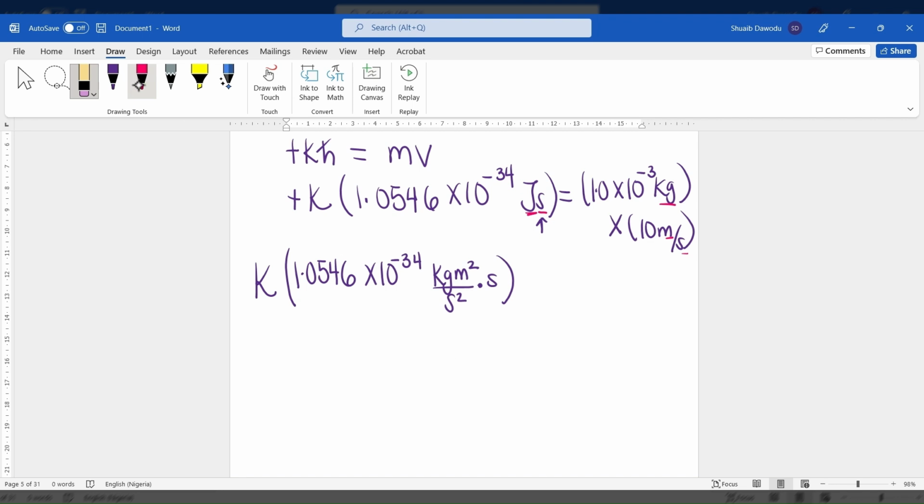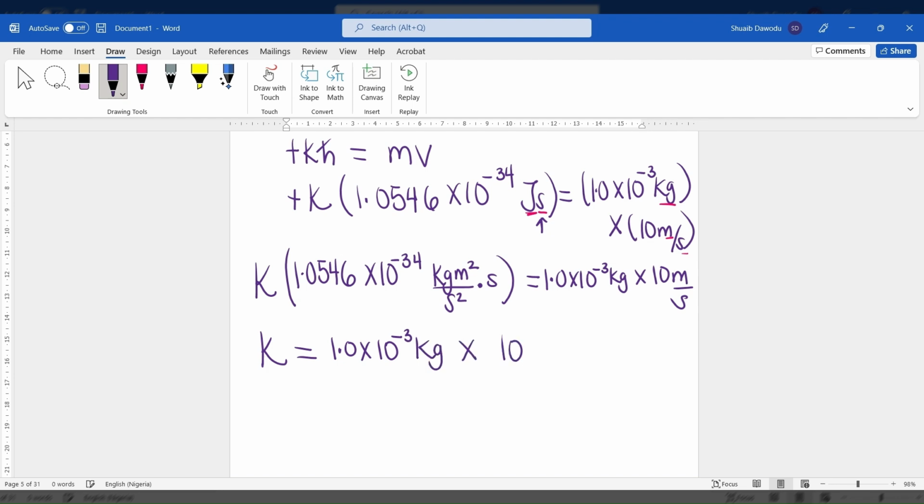So that is equal to 1.0 times 10 raised to the power of negative 3 kilograms times 10 meters per second. So k is now going to equal 1.0 times 10 raised to the power of negative 3 kilogram multiplied by 10 meters per second, divided by 1.0546 times 10 raised to the power of negative 34 kilogram meter squared per second squared multiplied by seconds.